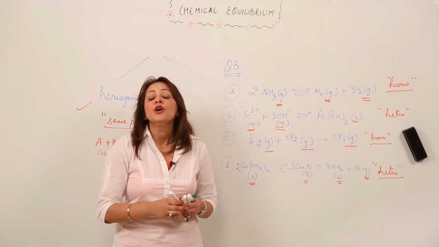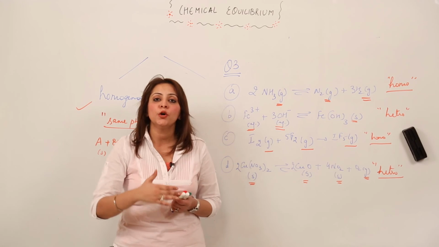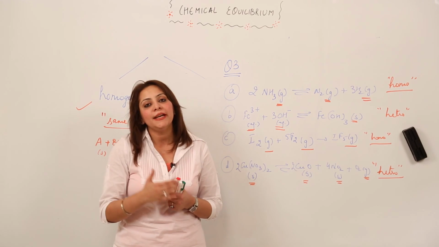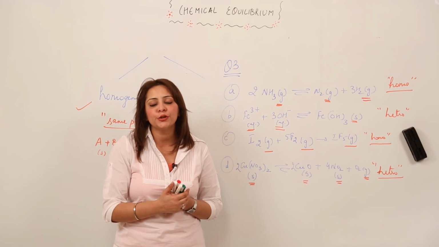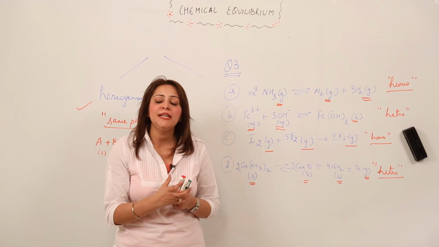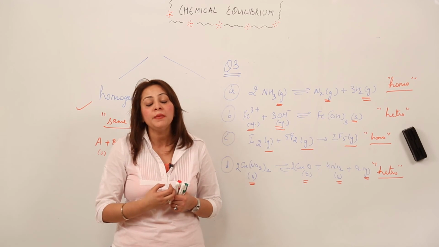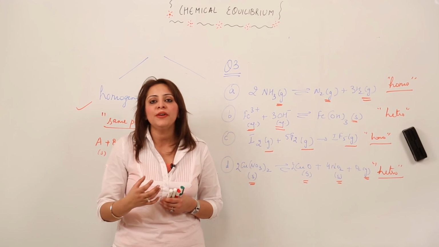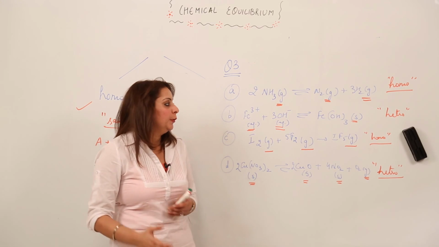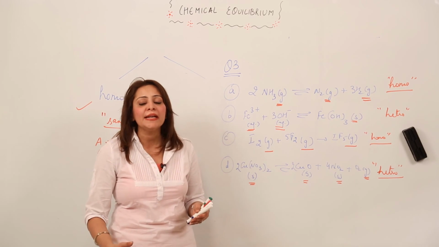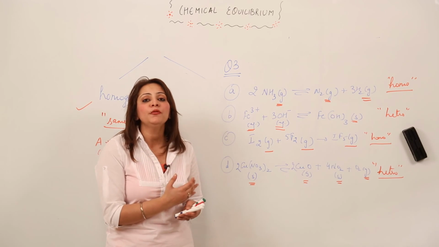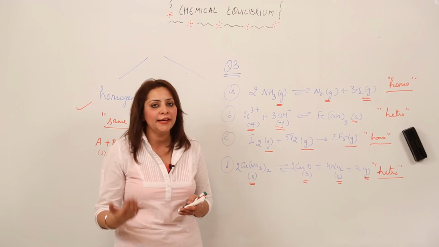So this is how you are going to predict which reaction is a homogeneous equilibrium and which is a heterogeneous equilibrium, and I think it is clear to you. Homogeneous equilibrium just means that the components are present in the same phase. When we get to see more than one phase, that means it is a heterogeneous equilibrium. So this kind of question you are going to get in order to predict the type of equilibrium, that is the homogeneous or the heterogeneous, right.